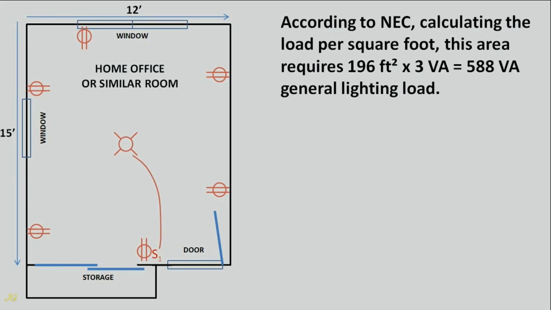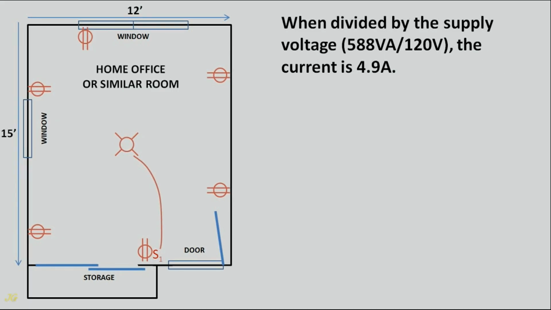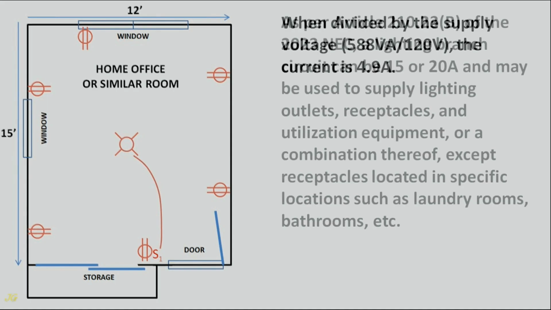According to NEC, calculating the load per square foot, this area requires 196 square feet times 3 volt-amperes equals 588 volt-amperes general lighting load. When divided by the supply voltage, 588 volt-amperes divided by 120 volts, the current is 4.9 amps.